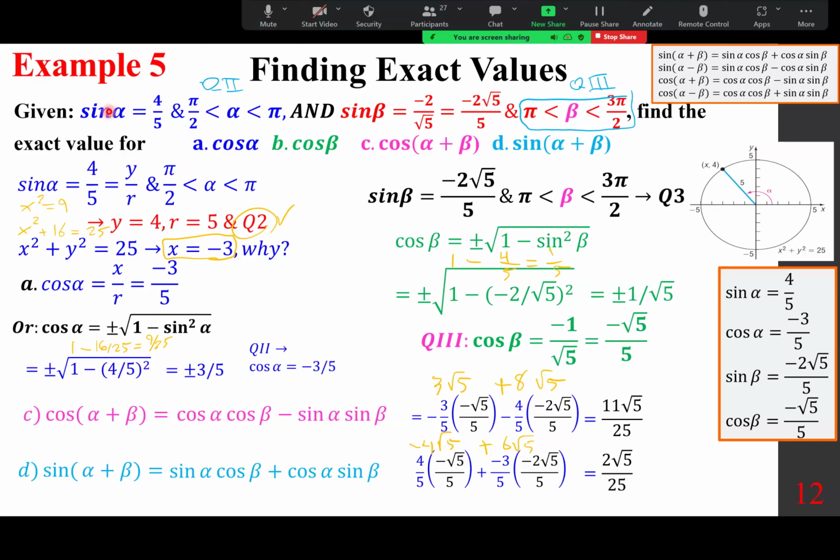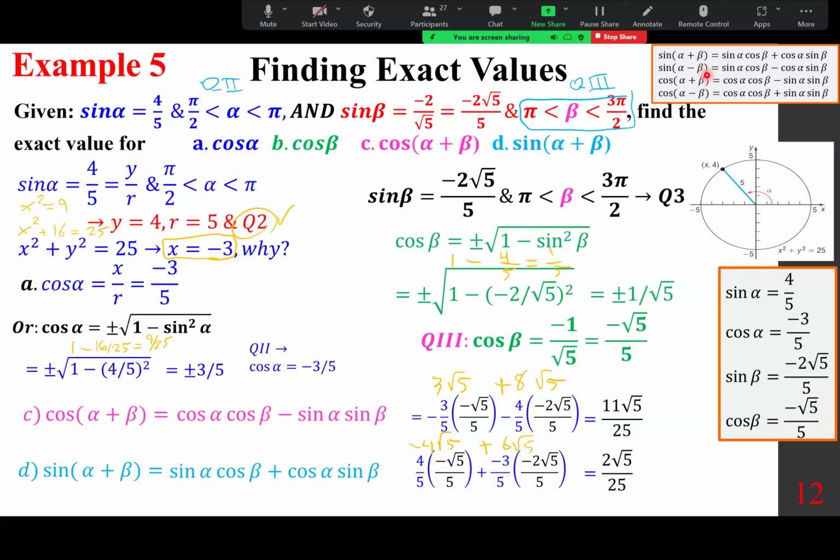For sine alpha, we need also cosine alpha. For sine beta, we need cosine beta. We found it. I used two methods for the first one. I don't want to use the same thing here. The point of this method was to remind you, you can do two ways. I use the identity here and summarize them here.